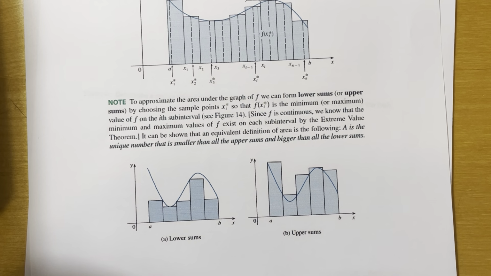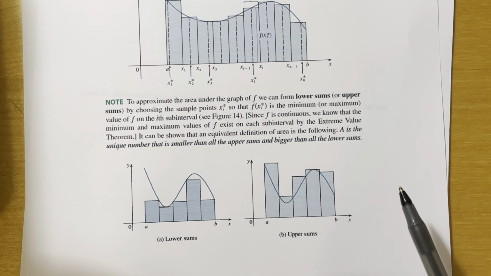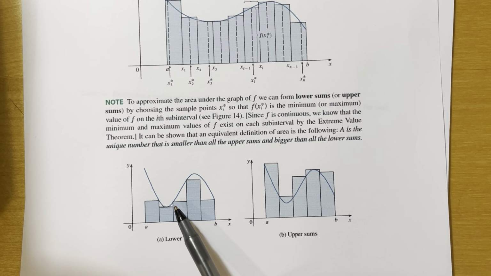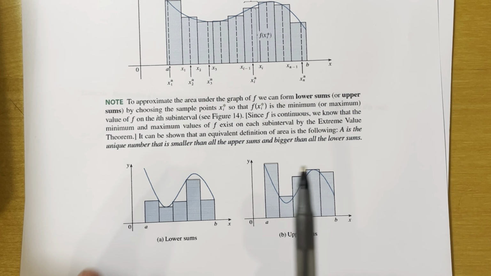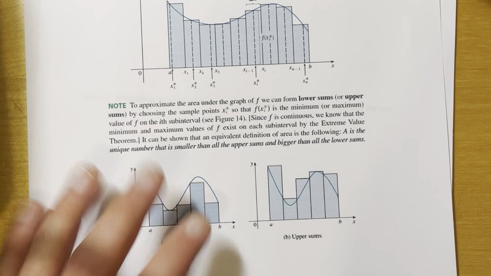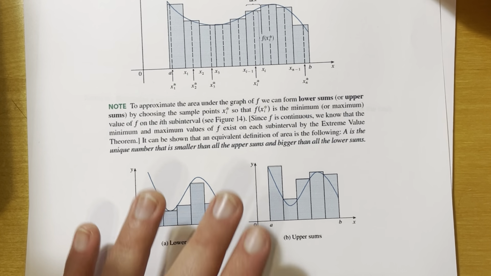All right, so at the end of that last video, we introduced the idea of upper and lower sums. Those are just selecting rectangles in your rectangular approximation method using sample points that are either minima or maxima on the little subintervals that those rectangles correspond to.